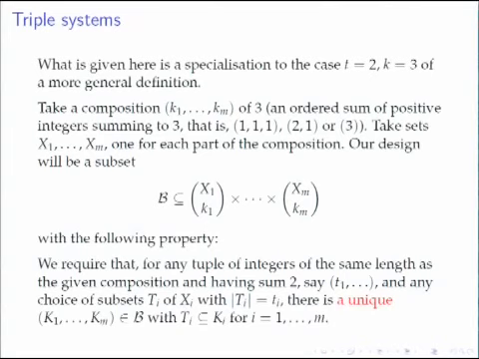So anyway, the property that we need is that if you take some numbers t1, t2 up to tm, adding up to 2, well, this is rather trivial, but this is what it would say. You choose subsets of the xi's of the appropriate sizes. There should be a unique choice of the k's containing the t's.